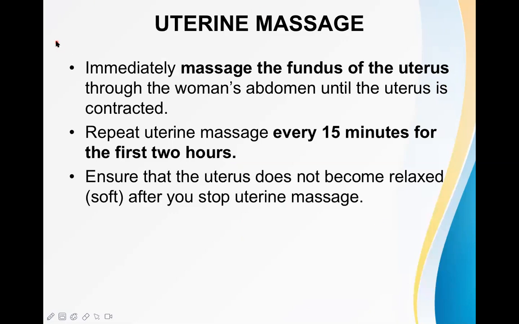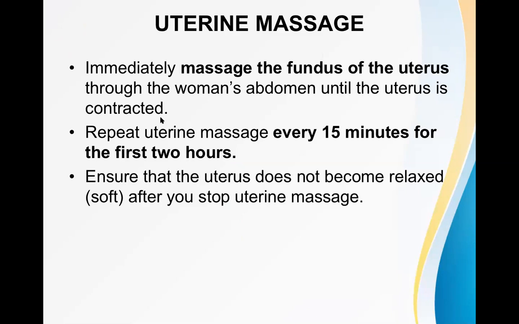Now, what is the concept of uterine massage? Let's talk about it. This is the third important part of the active management of third stage of labor. So what are we doing? Immediately massage the fundus of the uterus through the woman's abdomen until the uterus is very hard or contracted.